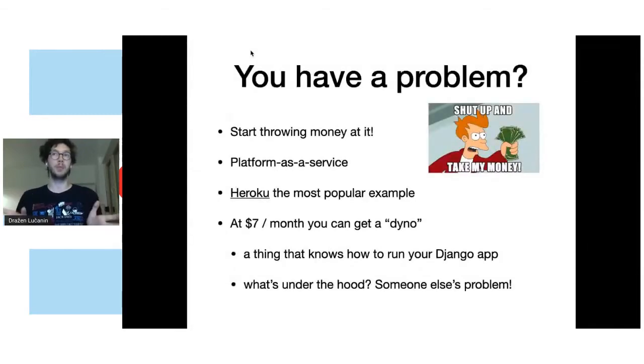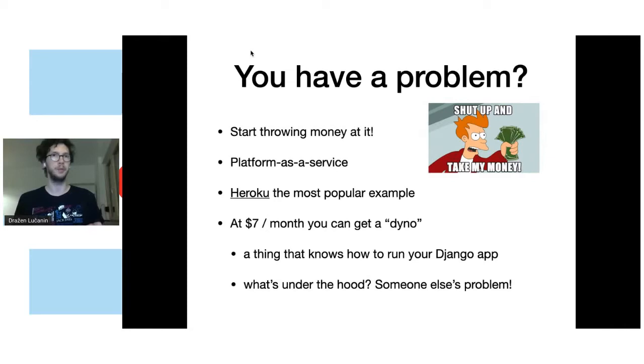So the approach we're taking here is: you have a problem? Well, great, start throwing money at it. This is where the platform as a service model comes in. There are lots of services out there that function in this way. One of the popular hosting services is Heroku, and at around $7 a month, you can get a Heroku dyno.